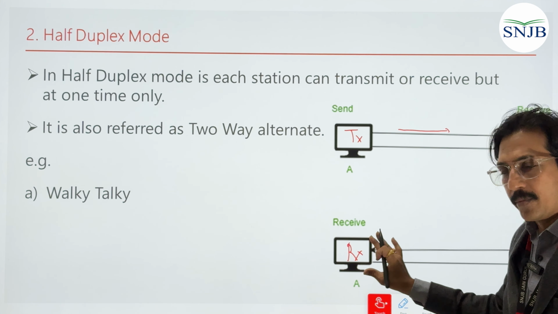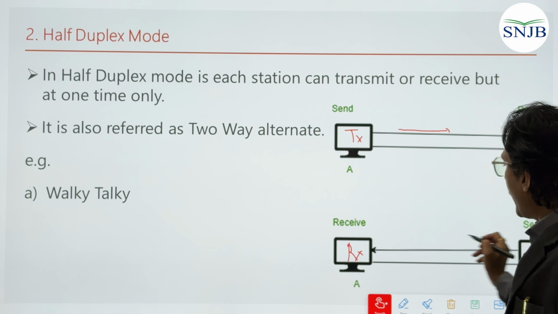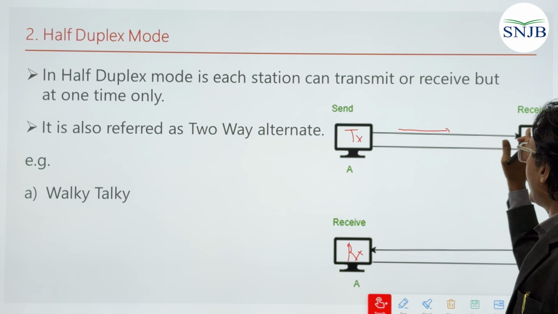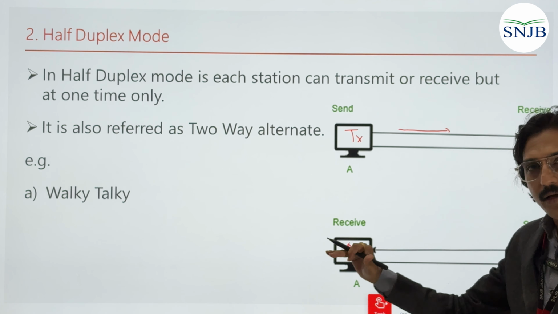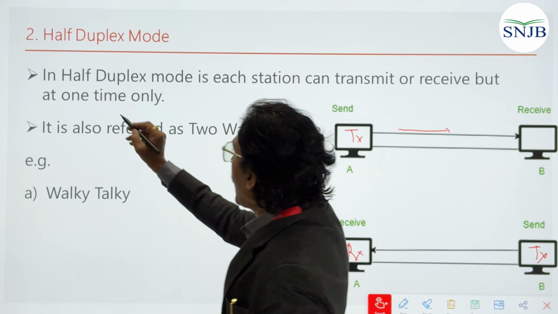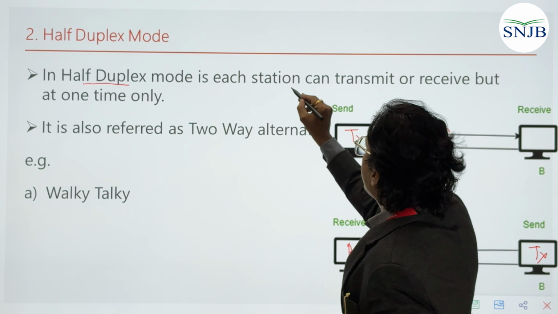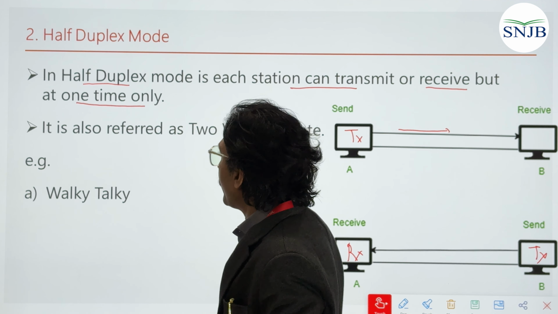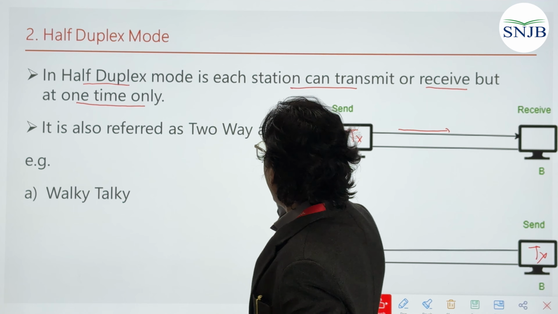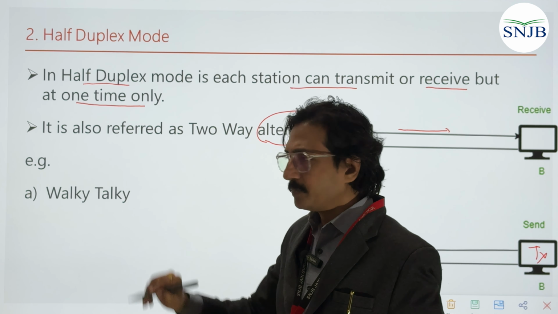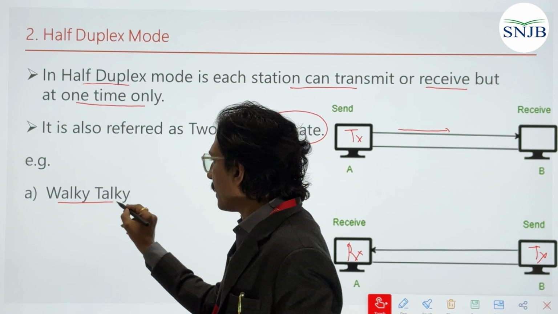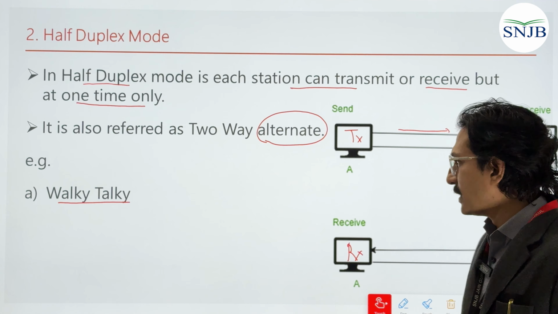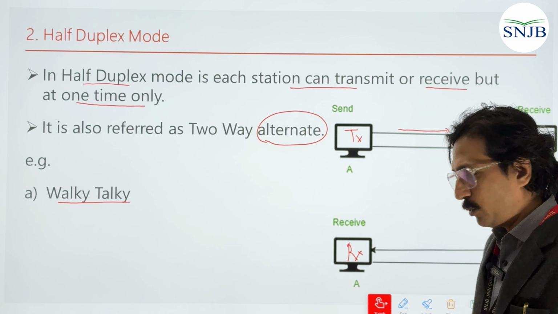Here you can say that it is bidirectional, but not full bidirectional, because at one time it can transmit in one direction and at another time in the other direction. That's why it is half duplex. Each station can transmit or receive, but only one at a time. It is also referred to as two-way alternate. One example is the walkie-talkie used by police, which comes under half duplex.